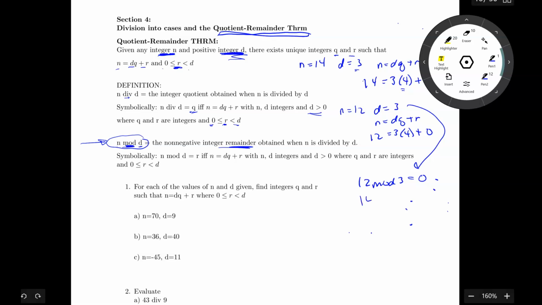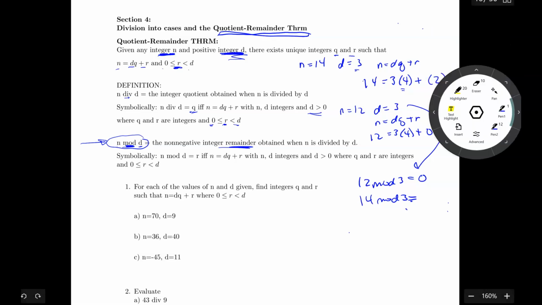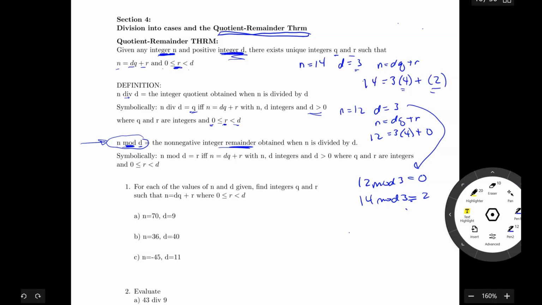So if I do 14 mod 3, that would be my 2, right? Because that's the remainder after I take out the multiples of 3 from the number 14.